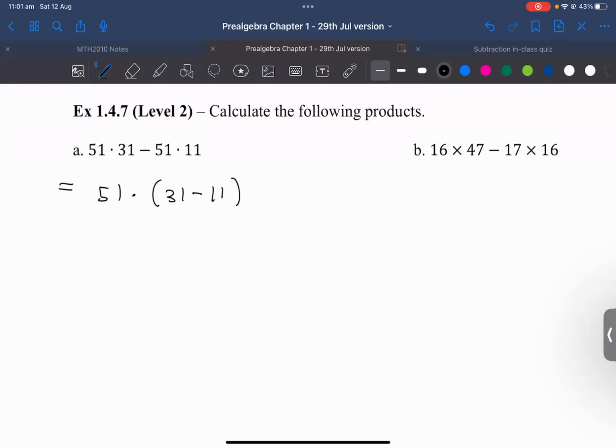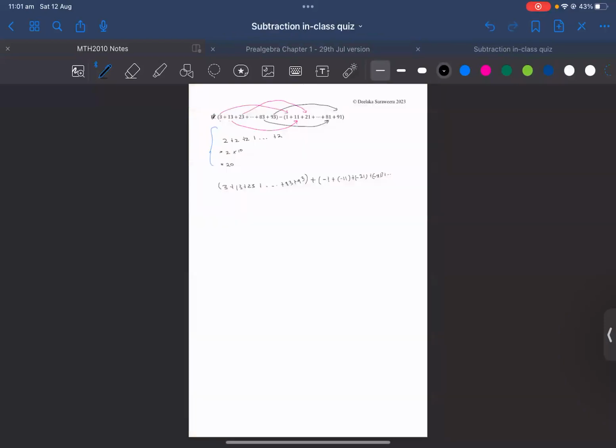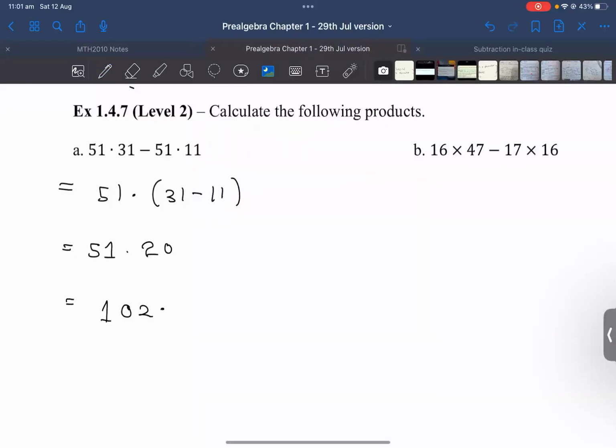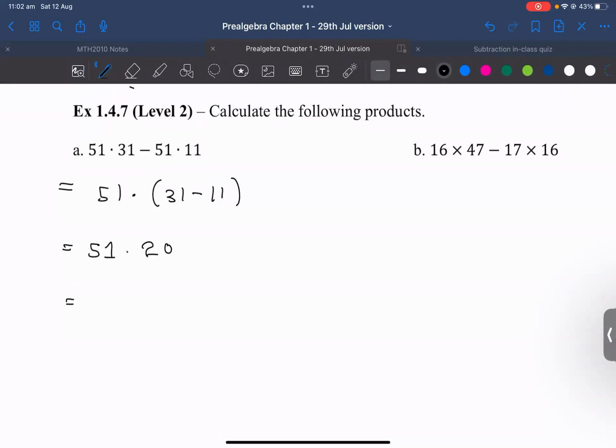So it ends up just becoming 51 times 20. This is not too hard to do with long multiplication, but an easy way to do this is to do 51 times 2, which is 102, and then you add a 0 to it after that. So 1020.